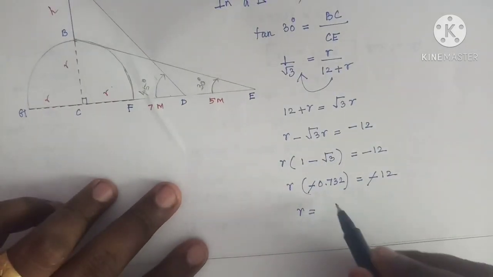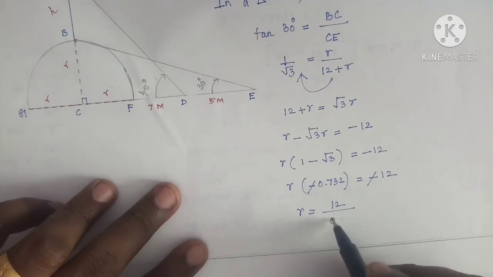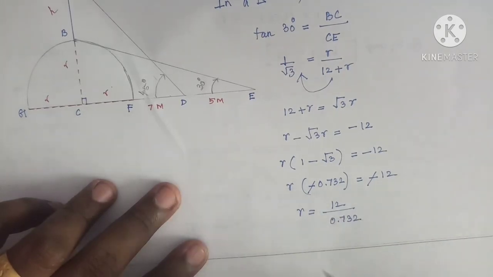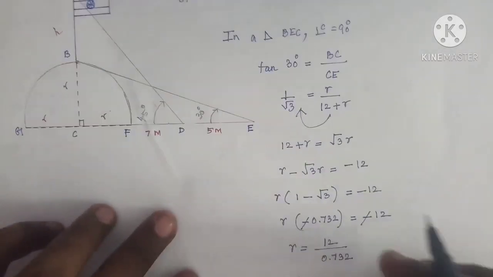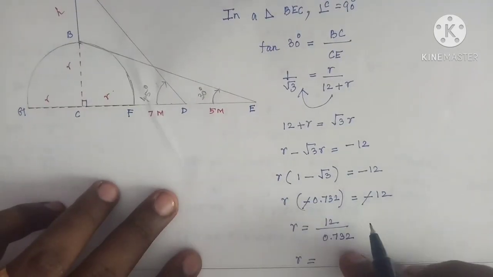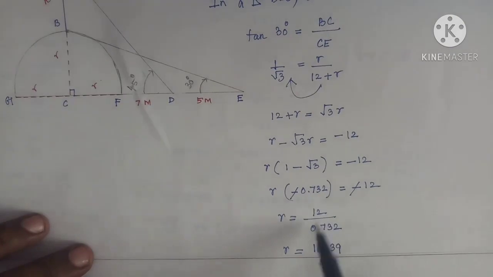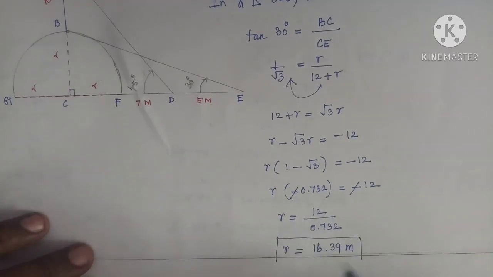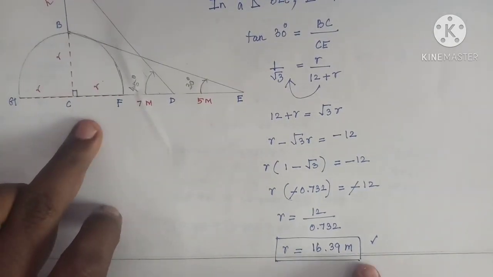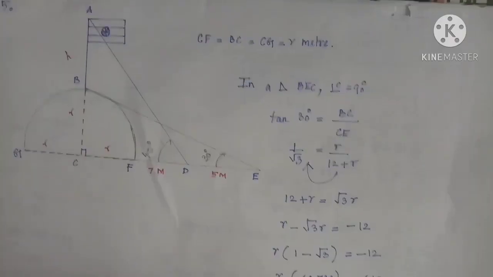So R is equal to 12 by 0.732. If you divide 12 by 0.732, equal to 16.39 meter. So radius of the hemispherical dome is equal to 16.39 meter. I hope you understand this.